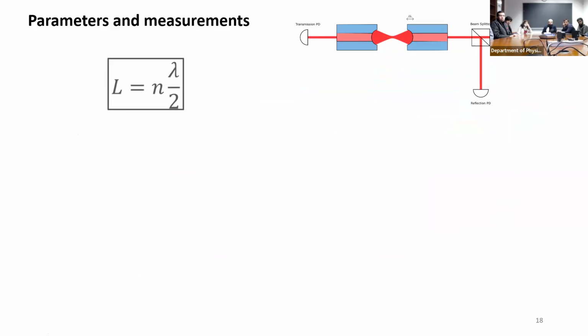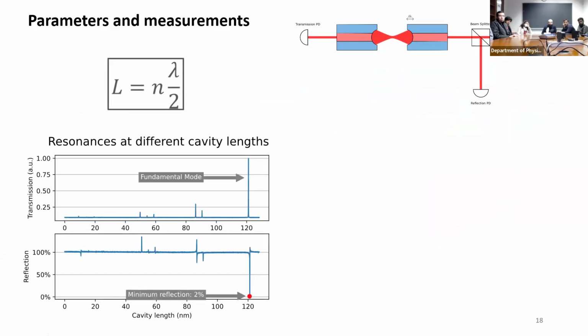So the first measurements that I did, this is within one length of the cavity where the fundamental mode and the higher order modes are there. I have not shown the further length. But at resonance, at the fundamental mode's resonance, we see a strong extinction of light. So when we are at resonance, the light reflecting back is really, really less, about 2% of the background signal.